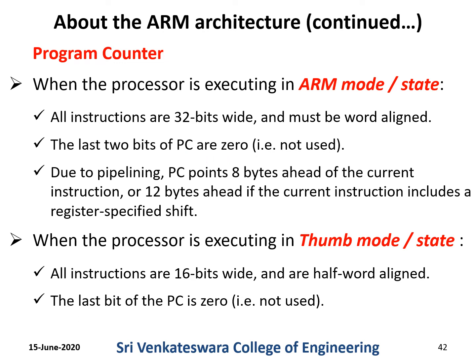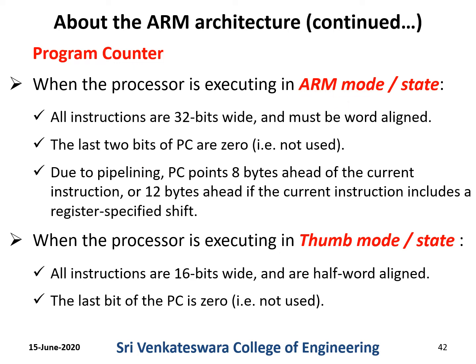In the case of ARM7, there are 3 stages in the pipeline, and so the program counter points to 8 bytes ahead of the current instruction, or it may point to 12 bytes ahead if the current instruction includes a register specified shift. In both these cases, the program counter content will anyhow be 0 in the last 2 bit positions. So this indicates that the processor has to operate in the ARM mode.